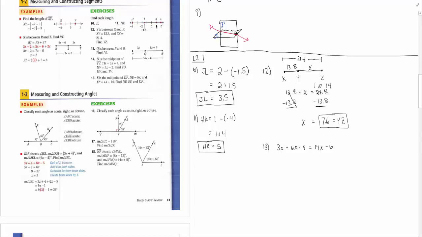So now we're going to do some combining like terms. So just a quick summary on that. We got our x's here. I can combine those. So I'm going to have 9x plus, that is a 4, equals 14x minus 6. So do a little bit of math here.